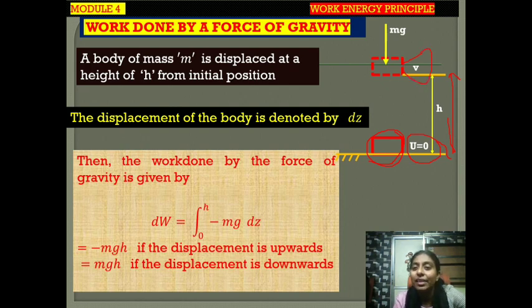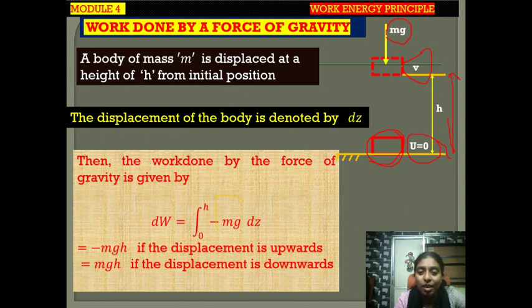The mass is m, and the weight of the object is mg. Now the displacement of the body is taken as dz, a small displacement. You can take it as dh or dz. Now the work done by the force of gravity is force into distance moved. Here the force is mg, our weight.